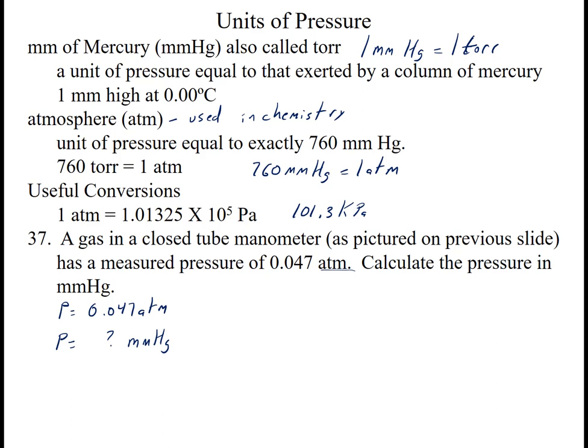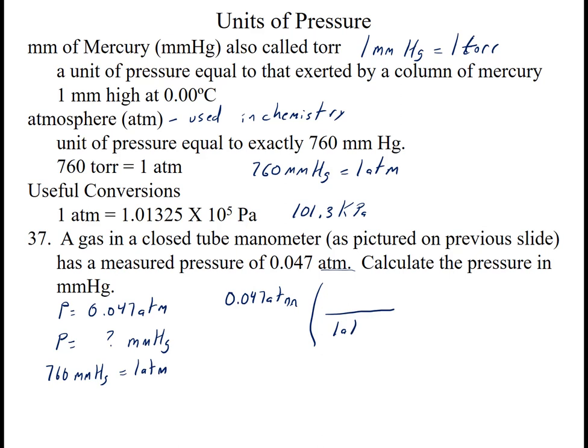What you are going to be expected to know is that 760 millimeters of mercury is equal to 1 atmosphere. For a unit conversion, I'm going to start with the one that just has 1 unit there. So I'm going to start with 0.047 atmospheres. And this is dimensional analysis again from chapter 1. I want to cancel out atmospheres, so it has to be across this horizontal line.